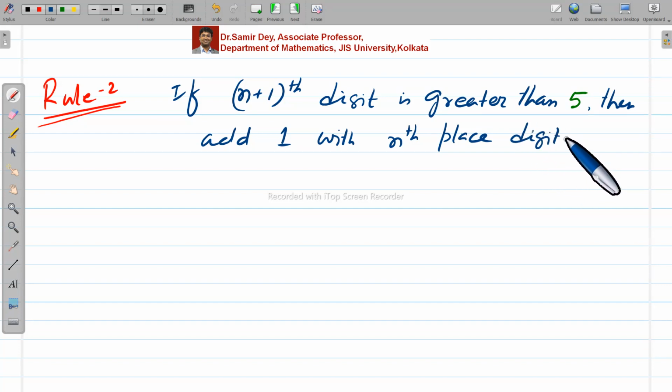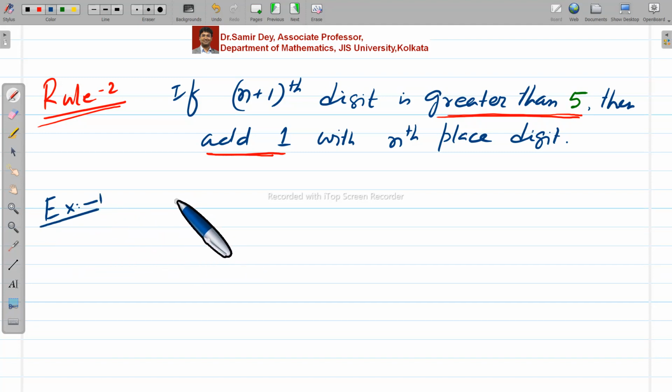Clear? So if the n plus 1th digit is greater than 5, then add 1 to the nth place digit. Now try to understand with some numerical examples.